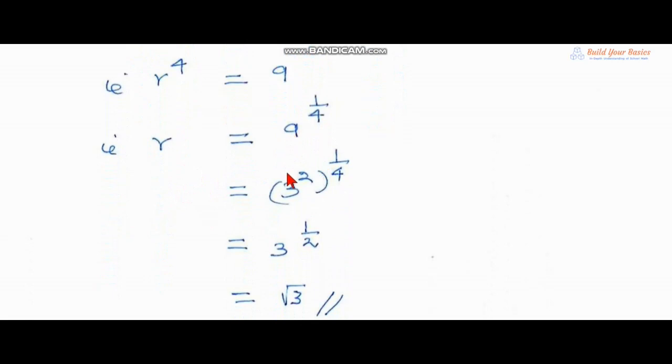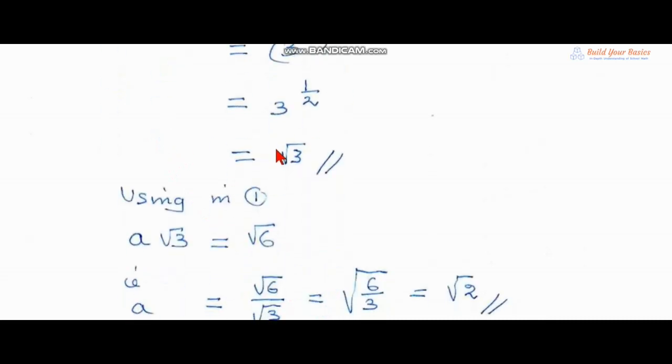That 9 can be written as 3 square. So 3 square whole power 1 by 4, that is 3 to the power of 1 by 2, 2 into 1 by 4 is 1 by 2. 3 to the power of 1 by 2 is nothing but root 3. So we have found out the common ratio r as root 3.